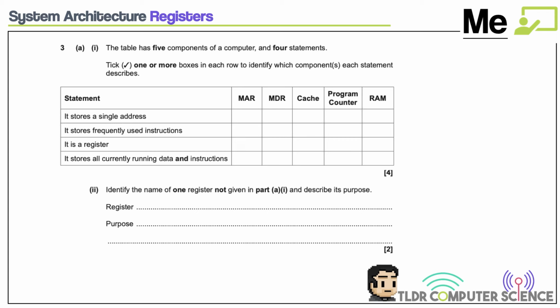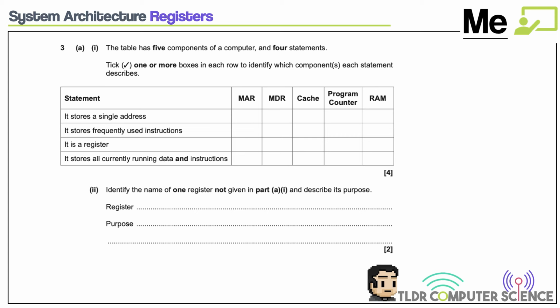So the first statement we need to evaluate is: it stores a single address. So which one of these stores a single address? Jamie, what do you reckon? So you put PC.